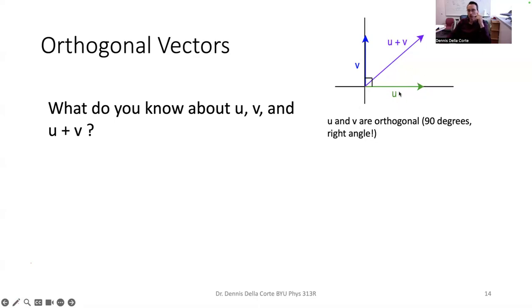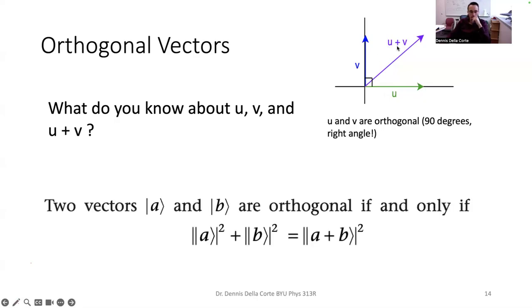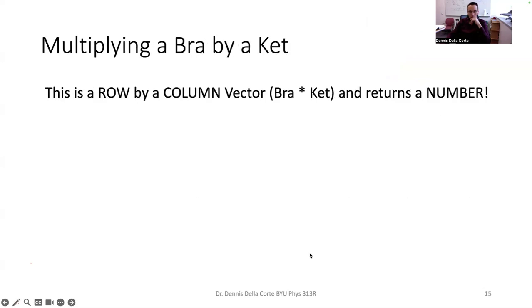And so |u|² + |v|² is equal to |u + v|². This is effectively just restating the Pythagorean theorem for vectors, saying that if two vectors are orthogonal to each other, then this equation must hold. Okay, great.